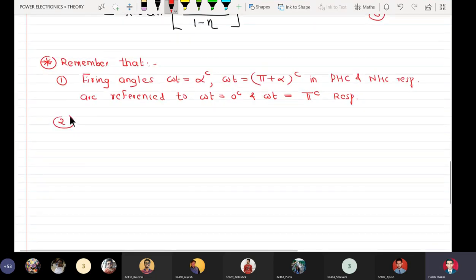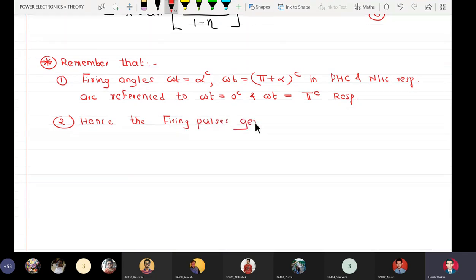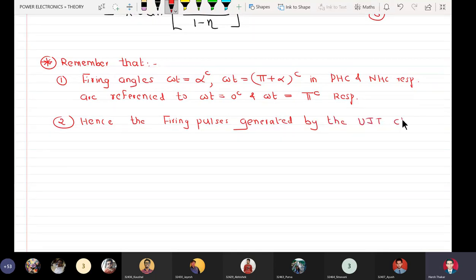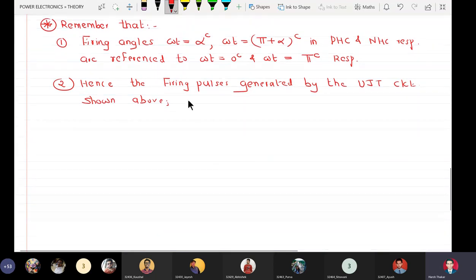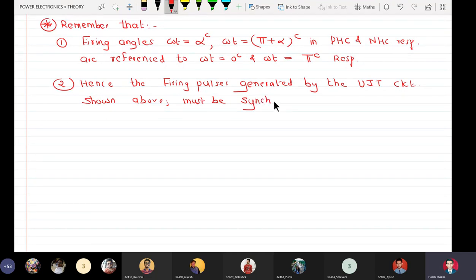Second, hence the firing pulses generated by the UJT circuit shown above must be synchronized with AC mains. Okay.